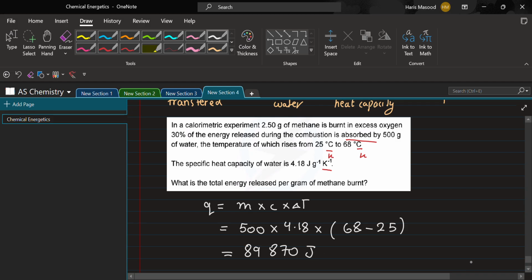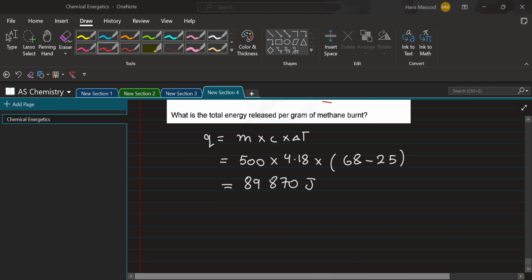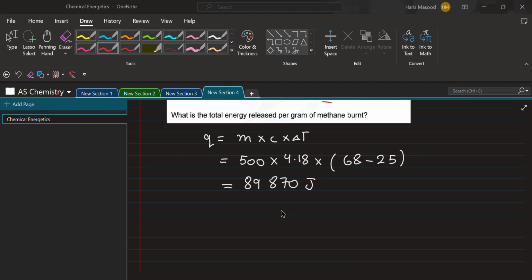Yeah, so this is the energy that was absorbed by water, and this is the 30% of the energy that was released. This is the same energy, but we need the total energy.